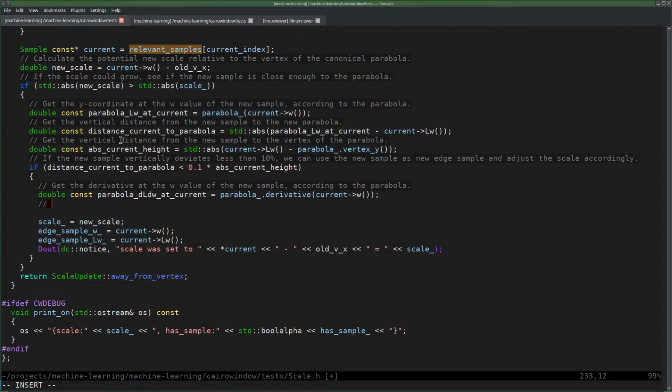And then get the vertical distance from the new sample to the parabola.